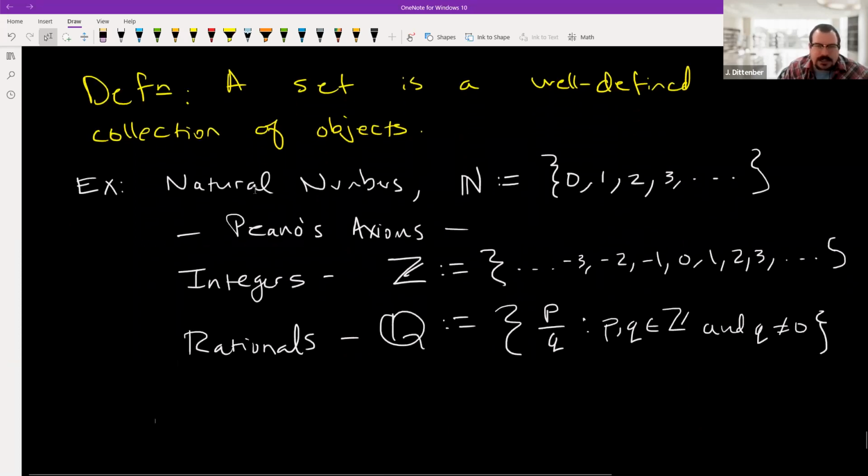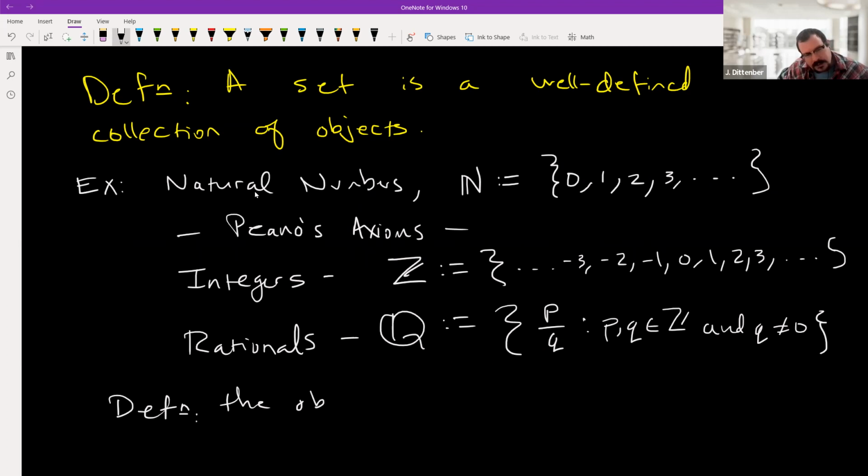Now, let me talk about the objects I mentioned in a set. They are called elements.